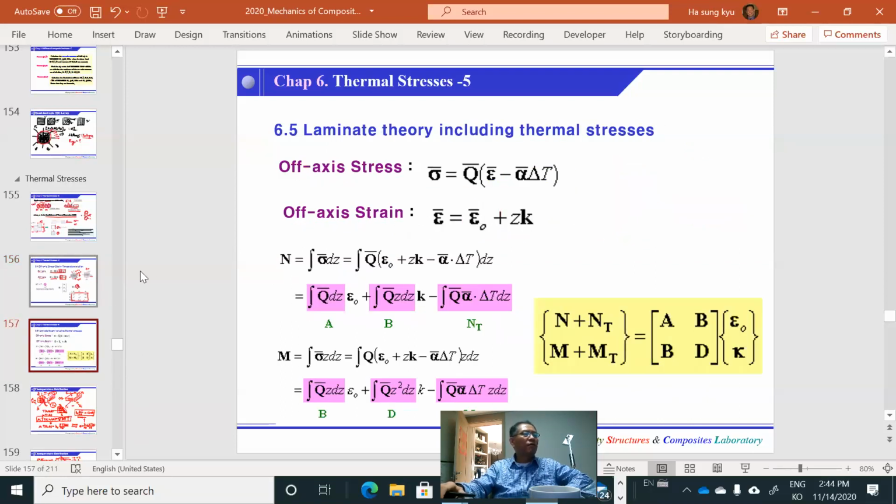Okay, with that information, let's try to rederive the laminate theory, starting from this. Also very importantly, the off axis strain distribution is still given as that: epsilon 0 and curvature. It doesn't matter whether there is a mechanical load or a thermal load. Always the laminate will experience uniform strain and curvature.